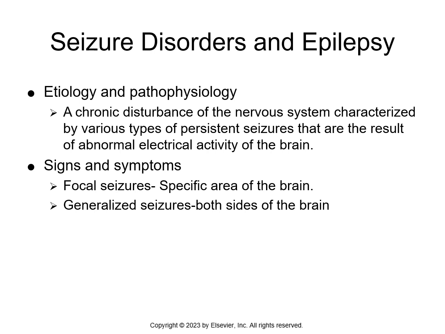If everything is normal and balanced, there is no seizure. It's when it becomes unbalanced that we start to have seizure activity. There's different kinds of seizures. We'll have focal seizures, which are specific areas of the brain, and then generalized seizures, which involve both sides of the brain.